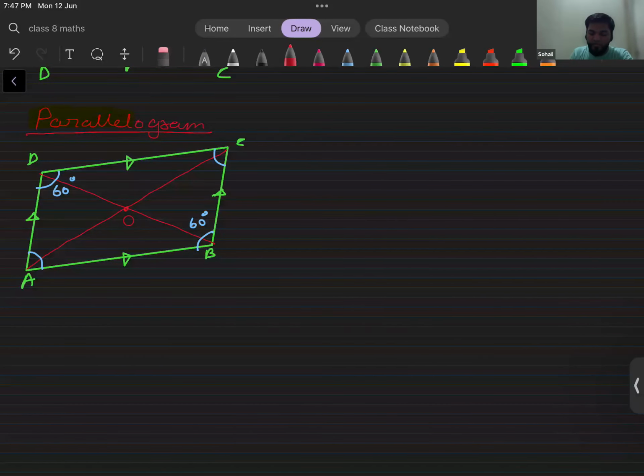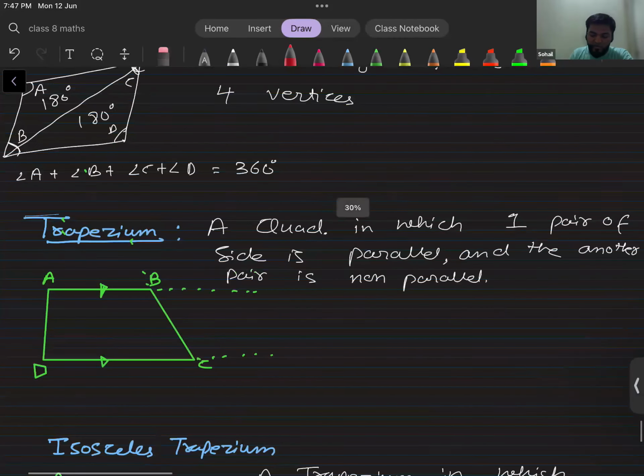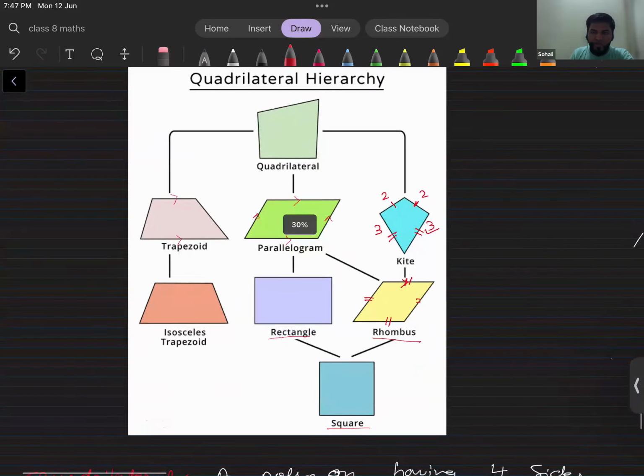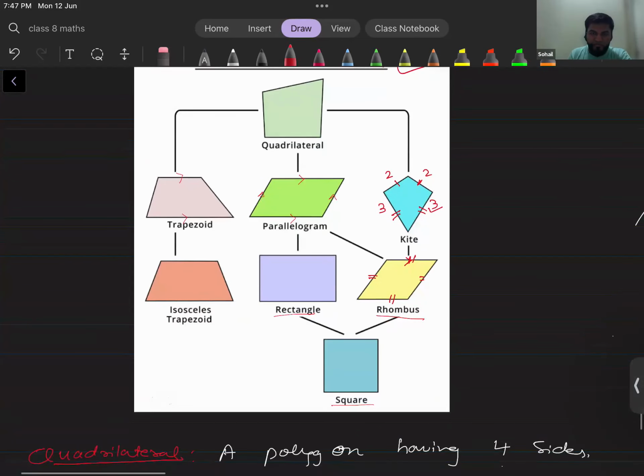Okay, so we have now started discussing different types of quadrilaterals. Okay, Ahmad, just let me quickly revise it for you so that you will be able to catch what we are discussing. So we started our discussion with the quadrilateral. Quadrilaterals are of different types. One is the trapezium, then you have the parallelogram, and then you have the kite and rhombus.